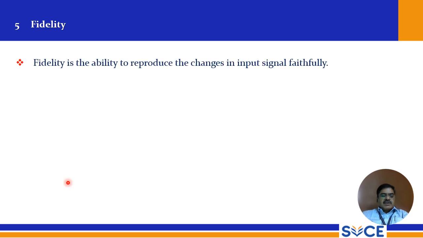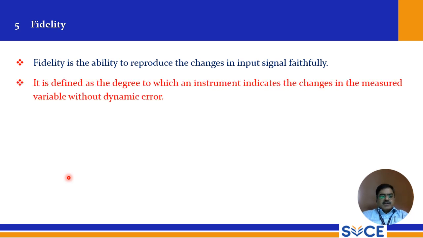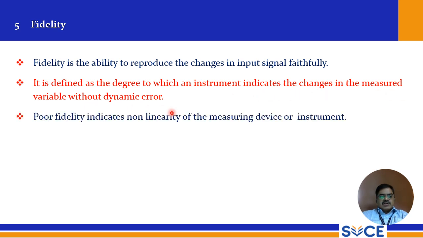So fidelity is like the stability in terms of static characteristics. Fidelity is the ability to produce changes in input signal faithfully. It is defined as the degree to which an instrument indicates the changes in the measured variable without dynamic error.